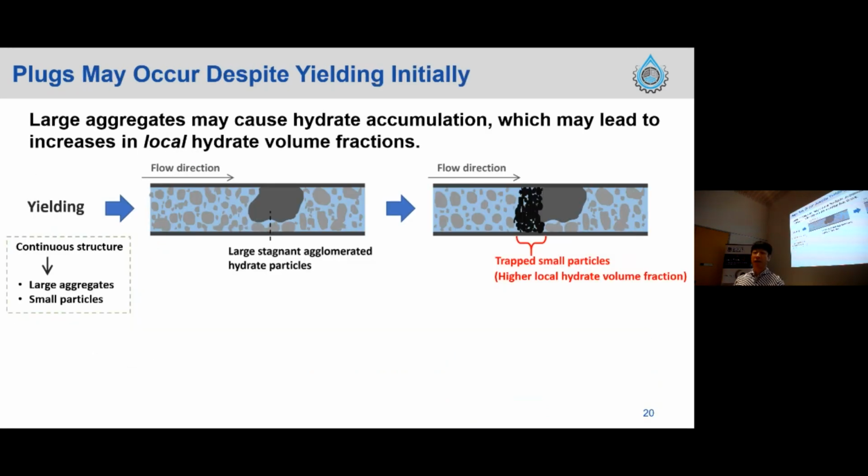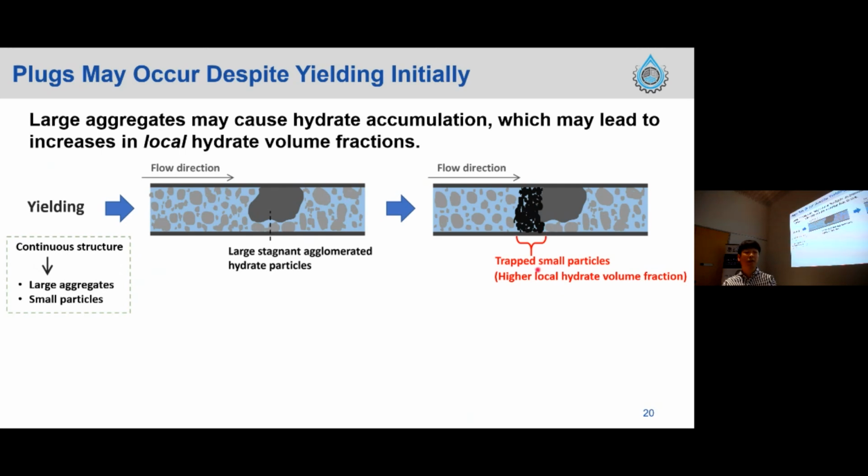In terms of the different results with the different pump operations and the plugging mechanism, these may be related to large aggregates stuck somewhere in the flow line. After yielding, the continuous network structure may be broken into large aggregates like this one and many small hydrate particles. Large aggregates may get stuck somewhere in the flow lines, and if this happens, small hydrate particles may be trapped at this point.